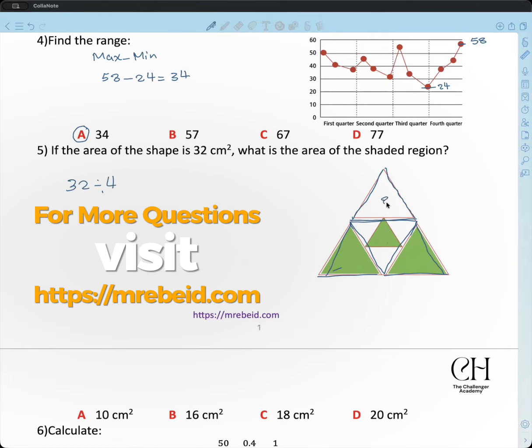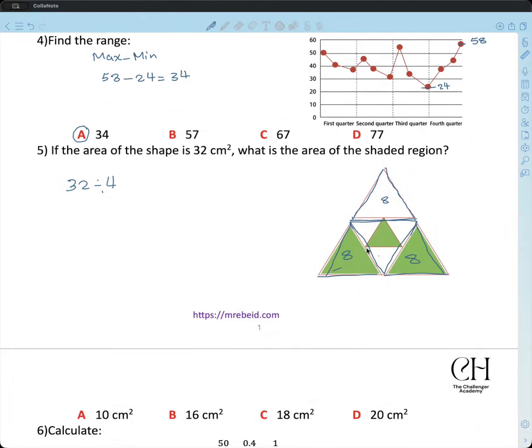So this area is 8, and this is 8, this is 8, and all of this is 8. And we have 4 small triangles inside. So you will divide 8 by 4 to find the area of each small triangle. It will be 2. So this is 2. If you want to find the area of the shaded, just add 8 plus 8, which equals 16. 16 plus 2 equals 18. So the answer is 18, which is C.